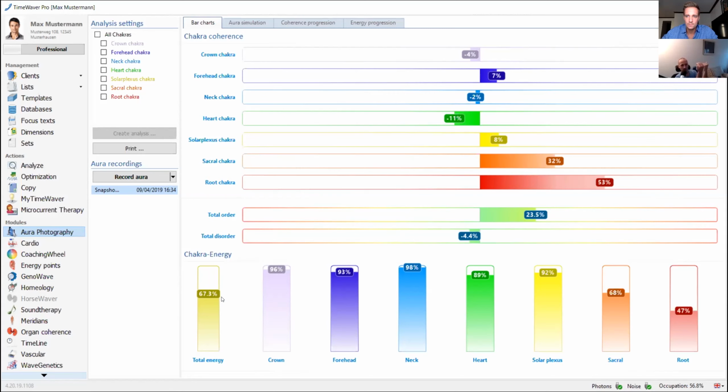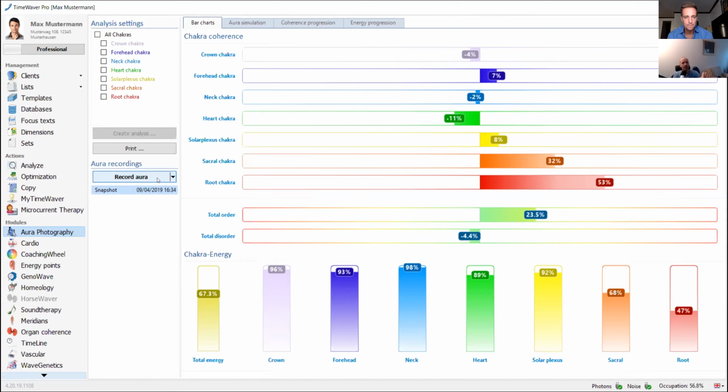That is not relevant. So even if one chakra is low, like here the root chakra, this is potentially dragging down the total energy. And that's the same in Healy Resonance.